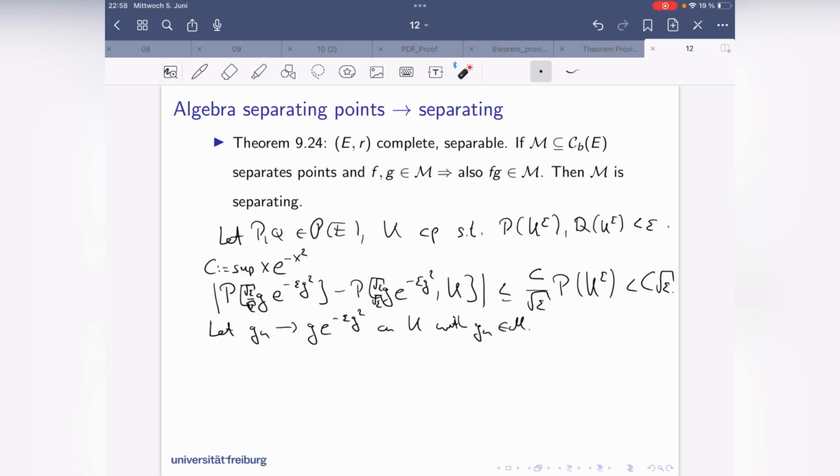So the Stone-Weierstrass result gives me that this function here can be approximated uniformly on a compact set by functions Gn in M. So I have this here. And now I can do the following. I can write P integrated with G minus Q integrated G.